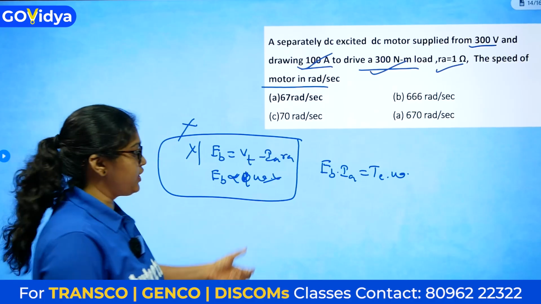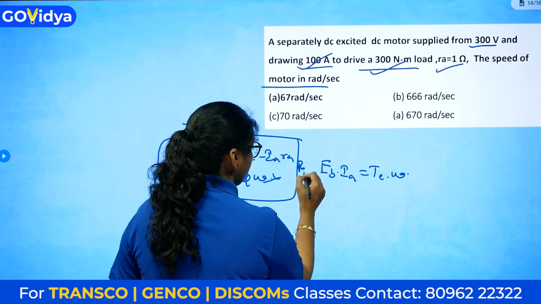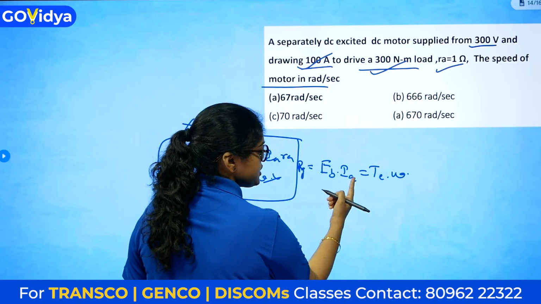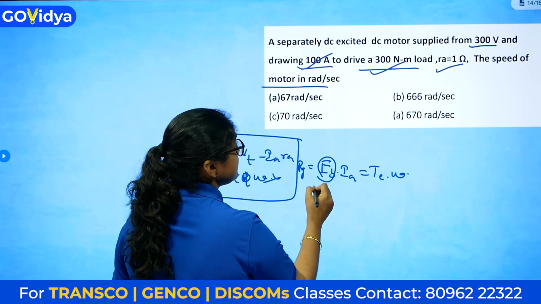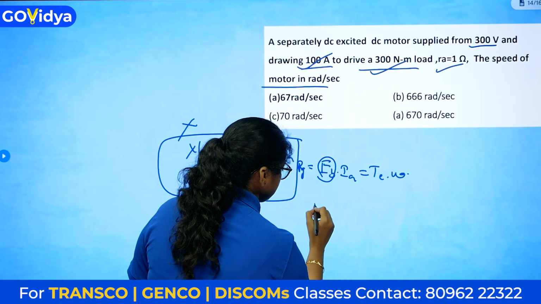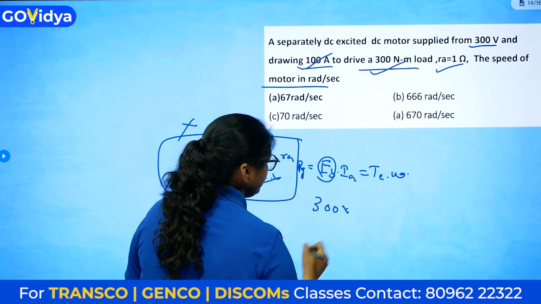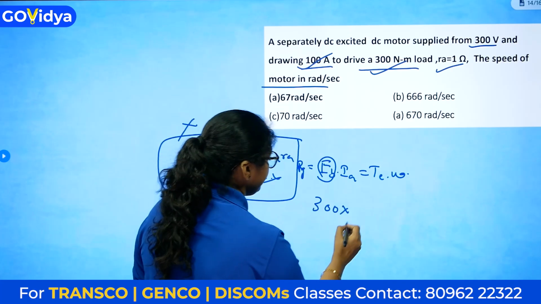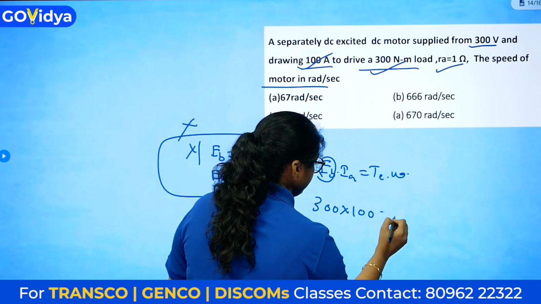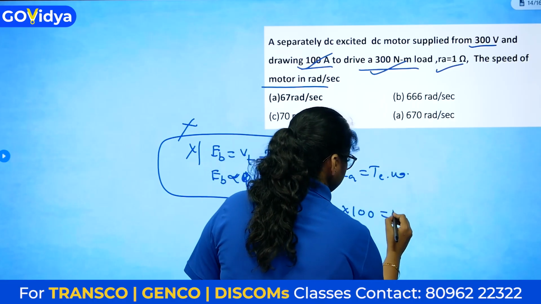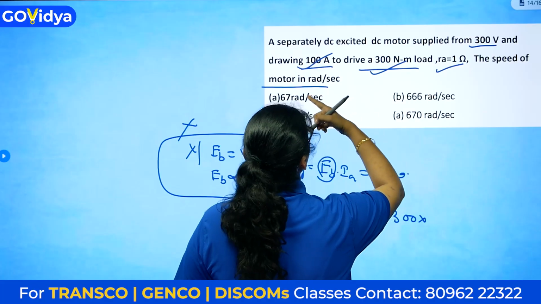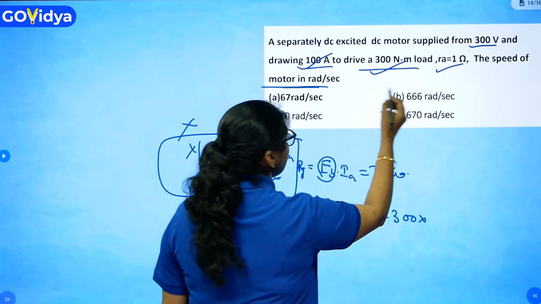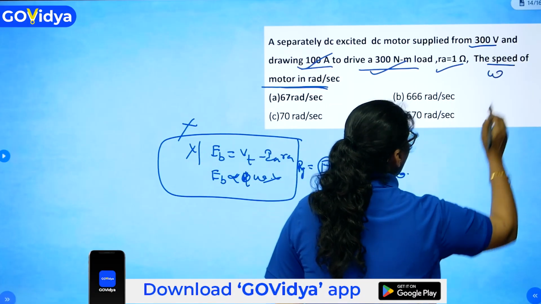So Pg is equal to EB into Ia is equal to Te into omega. What is the EB given in the question? 300 volts. 300 into, what is the armature current? 100 amperes. The torque 300 into omega. So I have to calculate the omega. The speed is nothing but I have to calculate the omega.